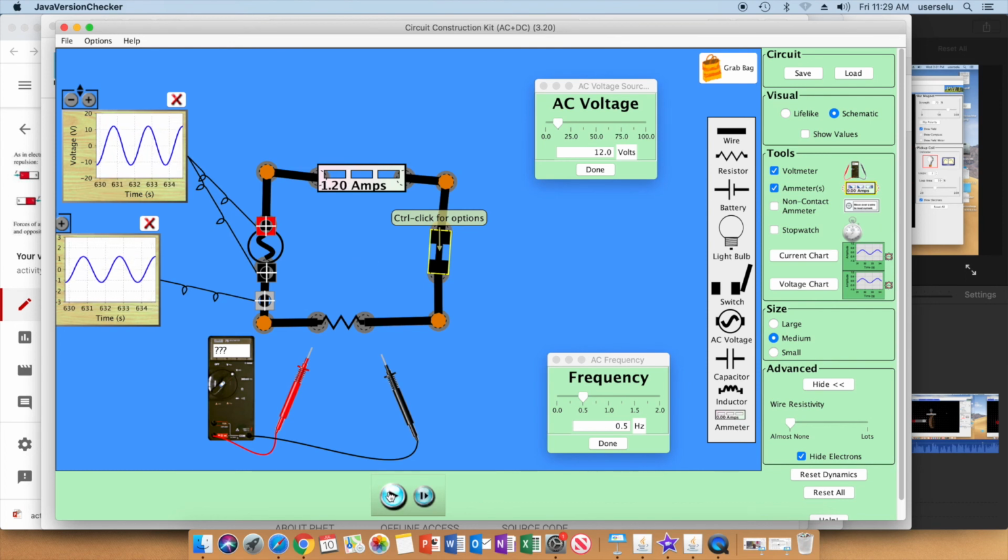Let me turn this off arbitrarily, and if I put the voltmeter on down here, I'm at a voltage of minus 11.99 volts. And remember, the resistor is a 10 ohm resistor. Minus 11.99 divided by 10 is negative 1.2 amps. And that's what you see on the display.